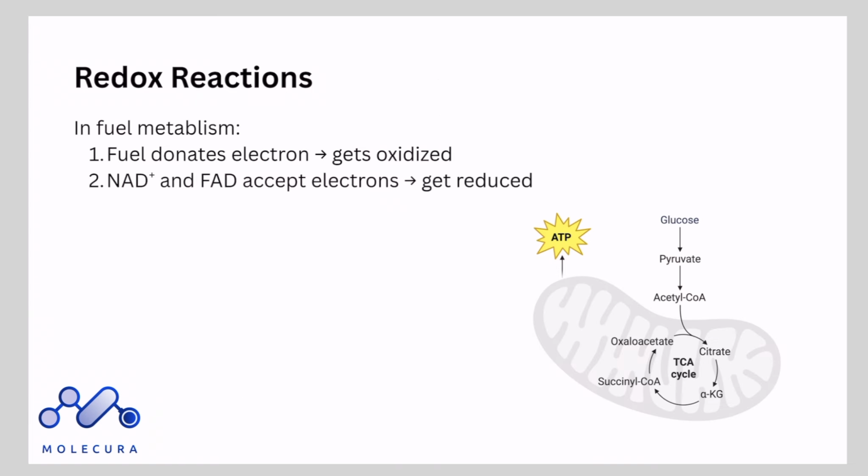So in fuel metabolism, the fuel, which is for example glucose, is donating its electrons and getting oxidized. In the meantime, our electron carriers, NAD plus and FAD, are accepting electrons and are getting reduced. And this is important to understand, that there is an oxidation happening to the fuel while reduction happens to FAD and NAD plus.